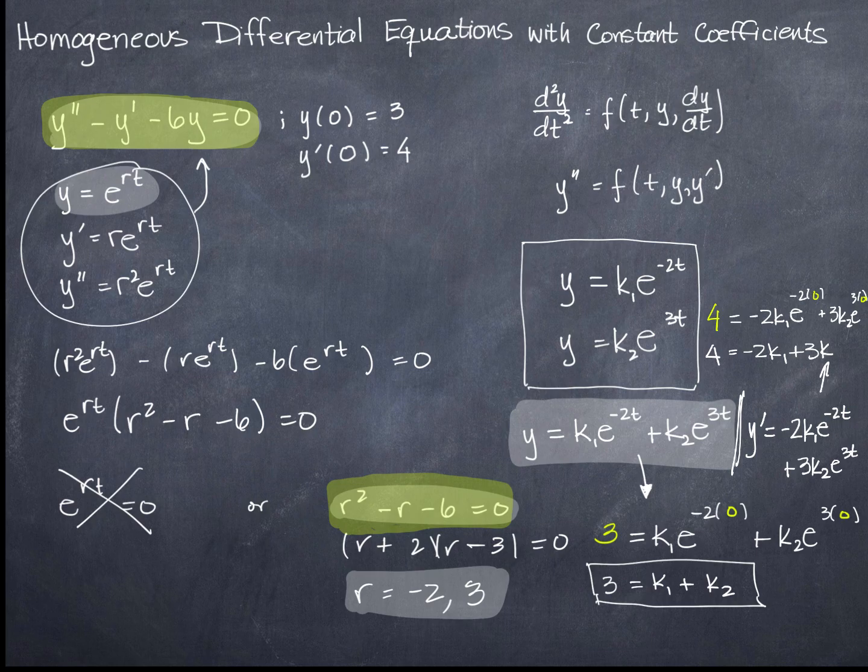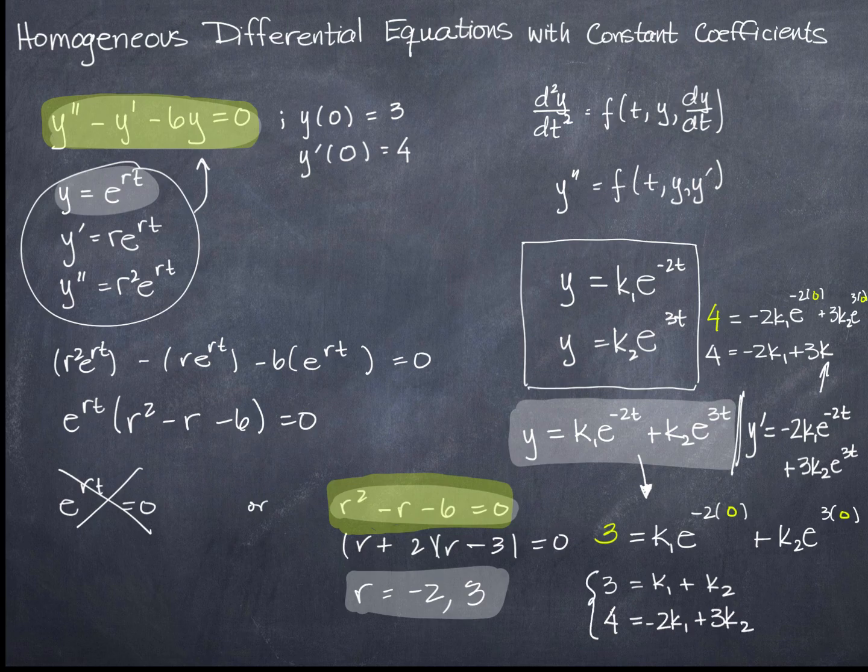So I also have this. Now I'm going to erase a little bit of what I wrote down here, just to erase the line around it, because I'm going to put those two equations together. This gives me 4 equals, what did I come up with? Negative 2k1 plus 3k2. And that is a system of equations.